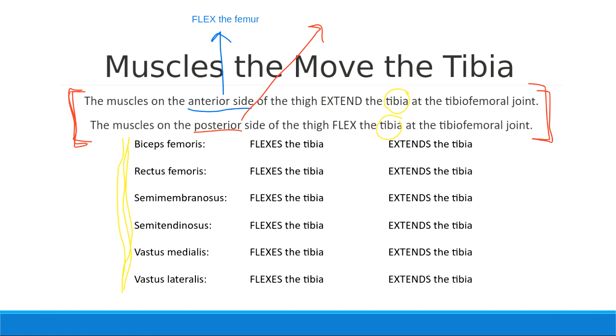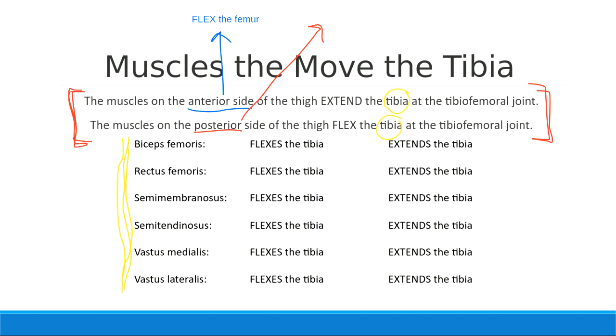So we need to know that if you live on the front side of the thigh, your job when it comes to moving the femur is you do flexion. Flexion of the femur, by the way, is lifting it up. But if you live in that same area, you live in the front of your thigh, you are also extending the tibia.